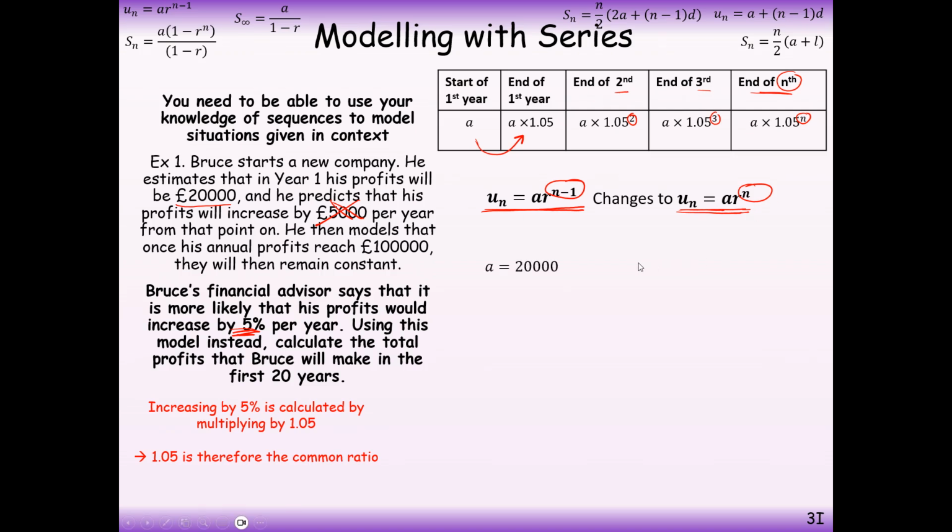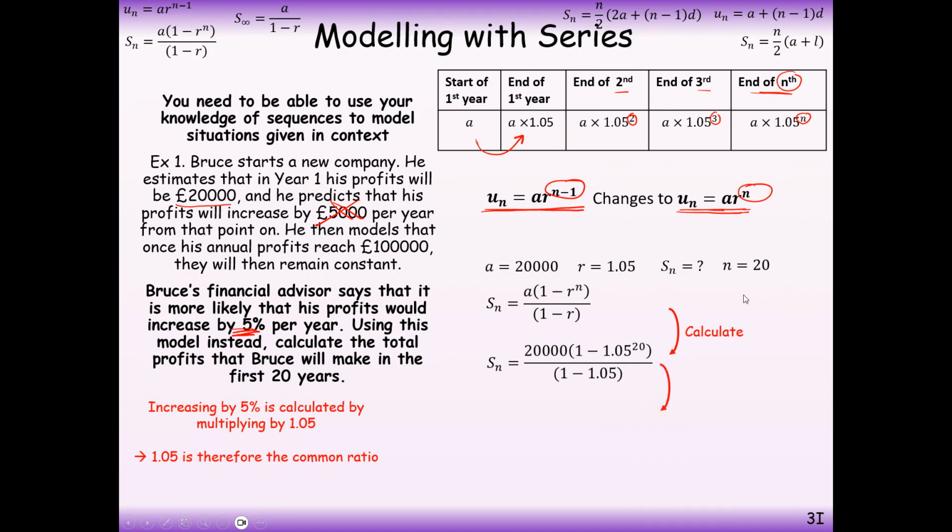Alright, so we have A to be 20,000 and R to be 1.05. And we are actually looking for sum of the geometric sequence. So sum also means that the value of n is going to be 20. Alright, so we're going to use 20 in this formula.